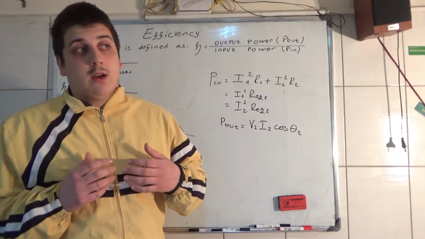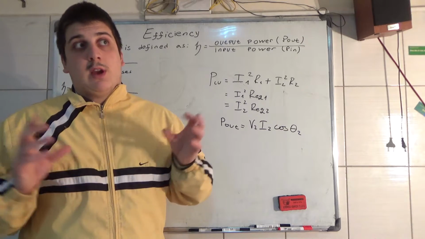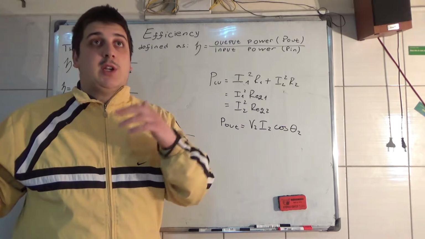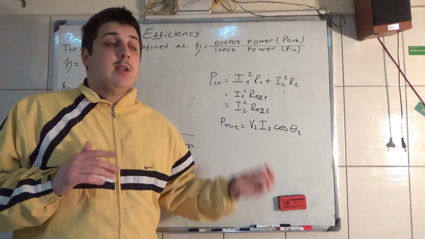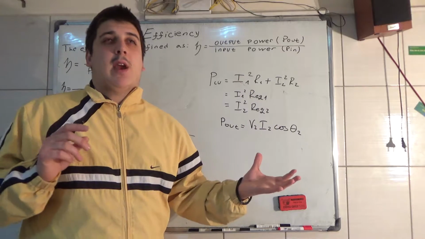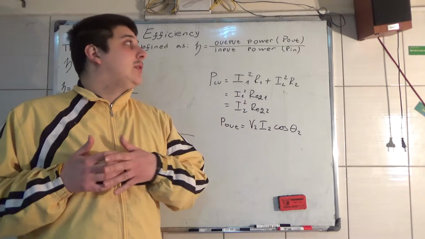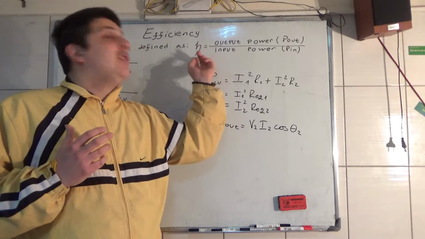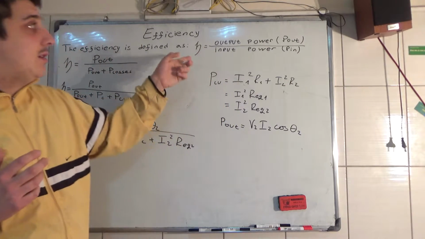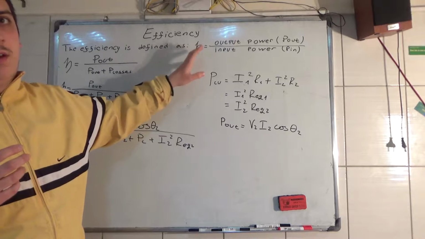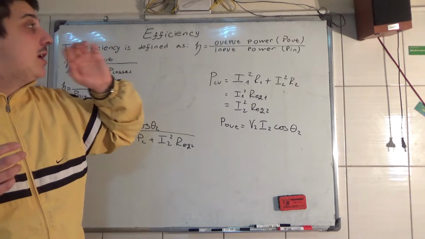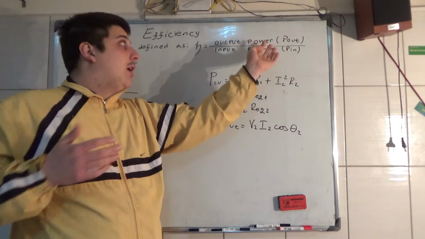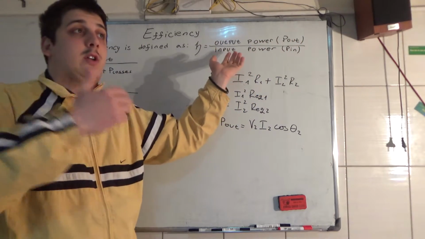So in transformers we only have electrical energy. But in machines such as AC/DC and synchronous machines, we have mechanical power also. So in transformers, the efficiency, which is this letter eta, a Greek letter, is equal to the output electrical power divided by the input electrical power.